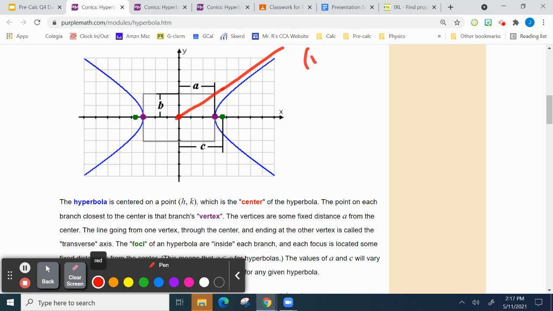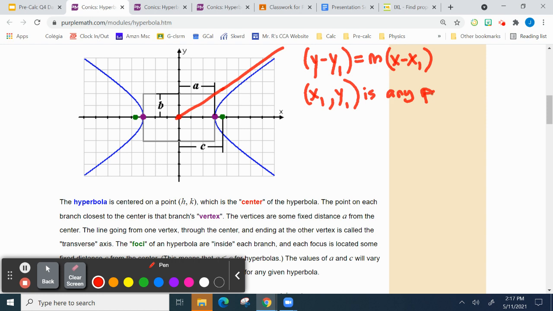And let me just refresh your memory here: y minus y1 equals m times x minus x1, where x1 comma y1 is any point, because it'll all work out the same, and m is the slope.